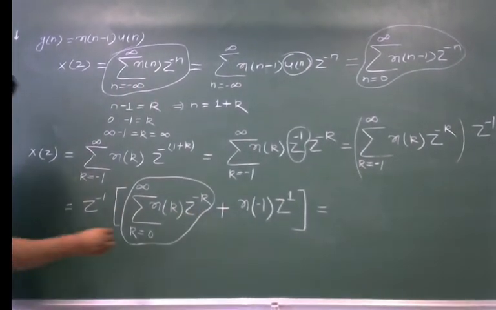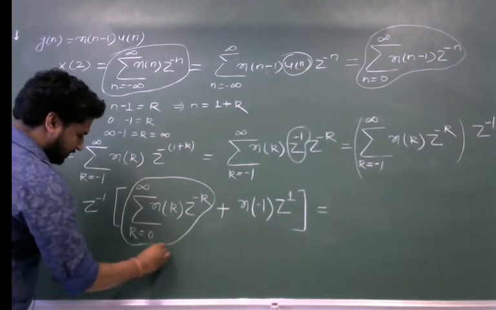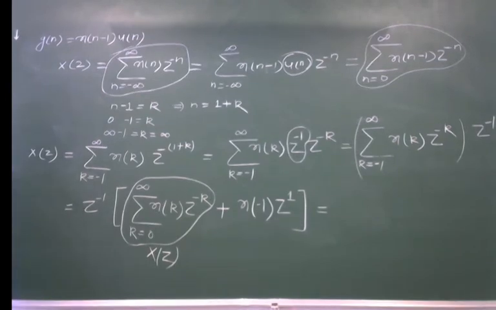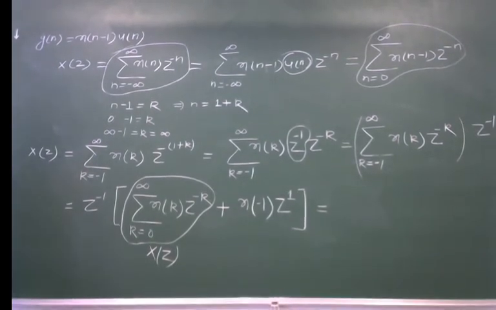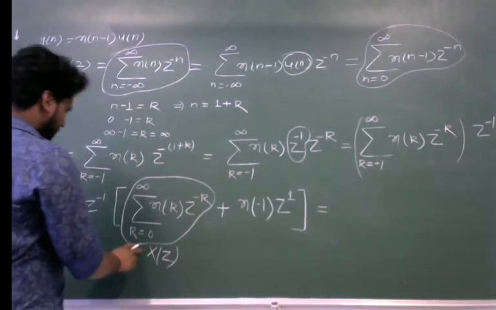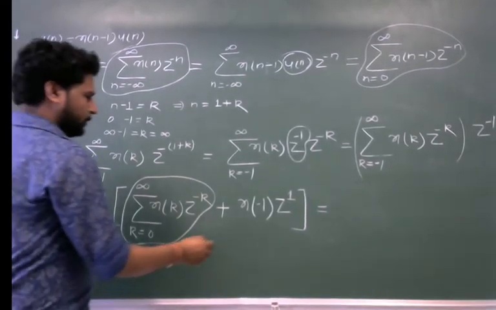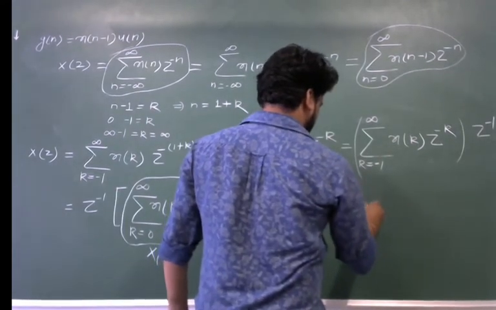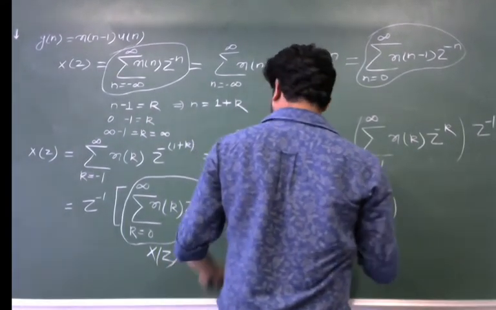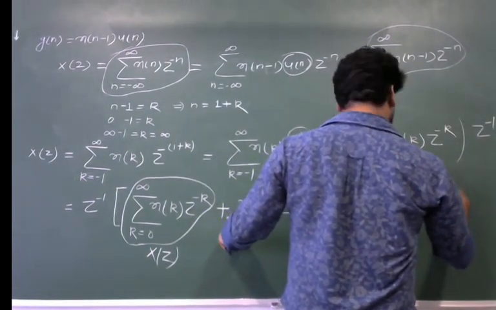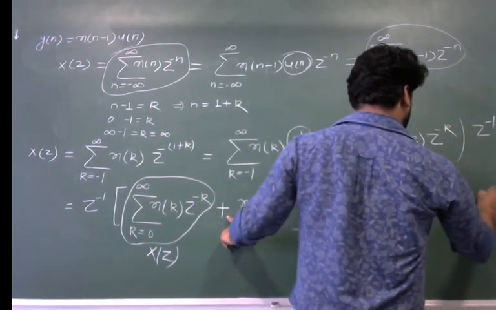It is the z transform, so this can be written as x of z. So this will become equal to z inverse into x of z plus x of minus 1 into z power 0.